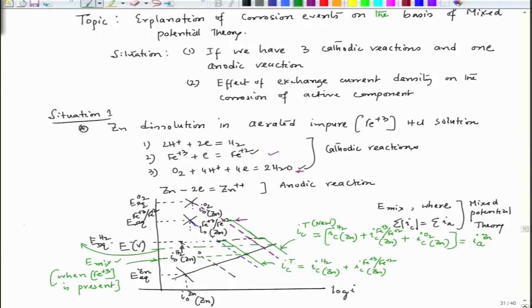So, this is the E mix. Let me put it as a prime when we have dissolved oxygen and Fe plus 3 in acid. In this case we have considered all those three processes, and in this case we are considering when dissolved O2 is not present.